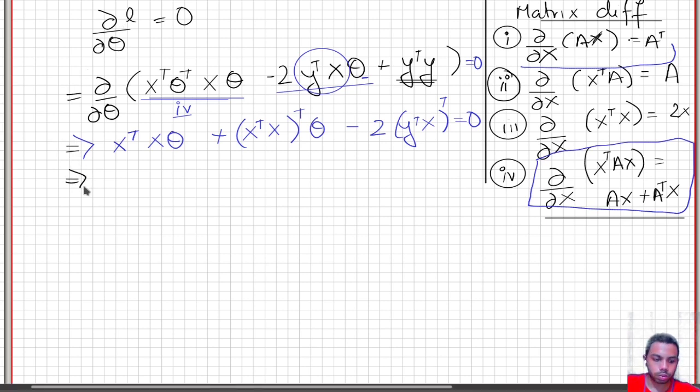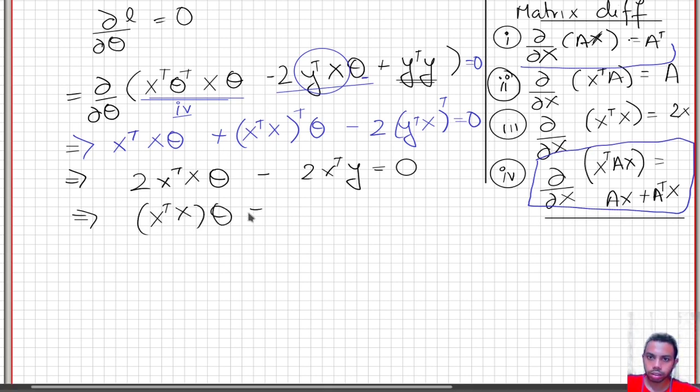Now I think it's fairly simple. So this is just going to be 2x transpose x theta minus 2x transpose y is equal to 0, which is going to give me x transpose x theta is equal to x transpose y.